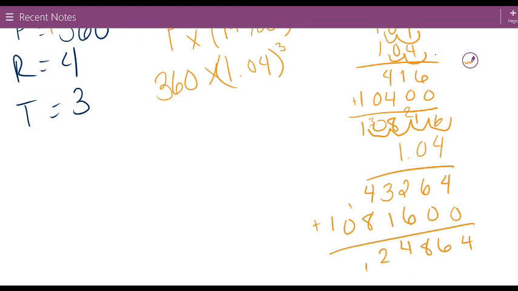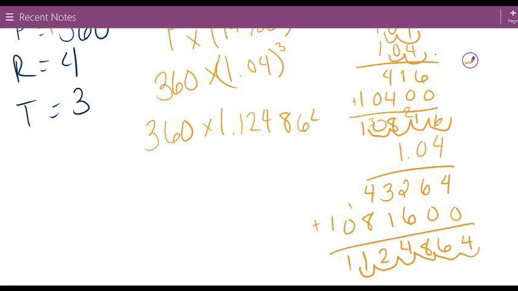So now we're going to be multiplying our 360 times 1.12484. All right.